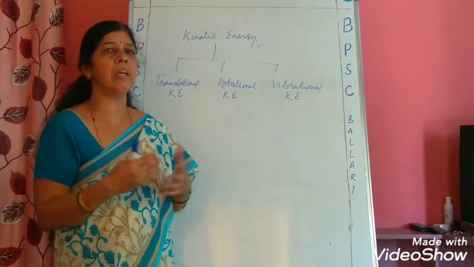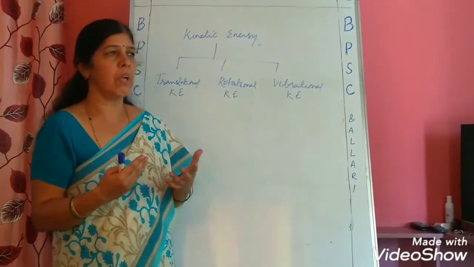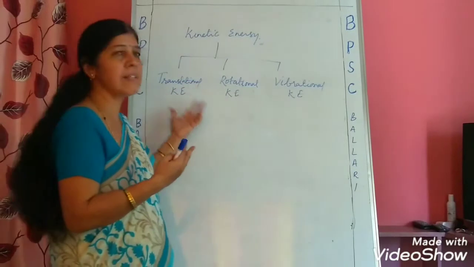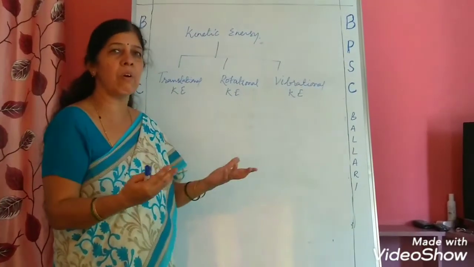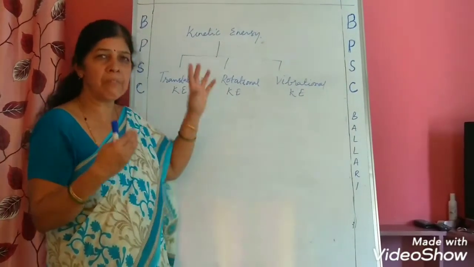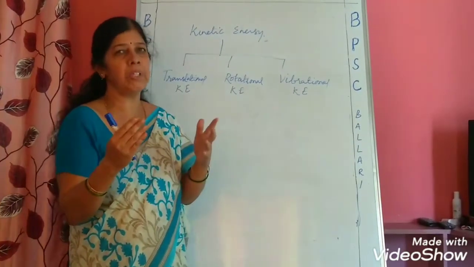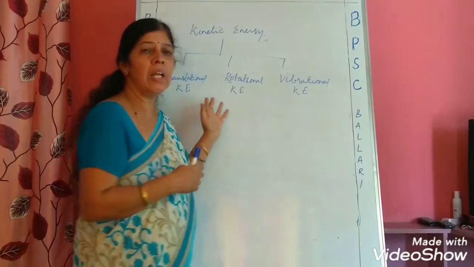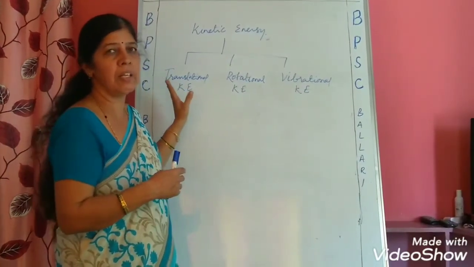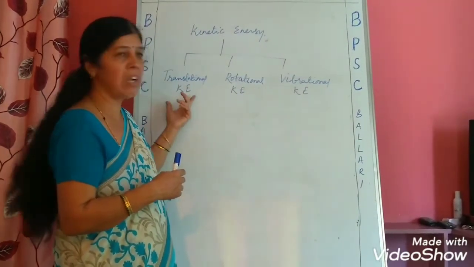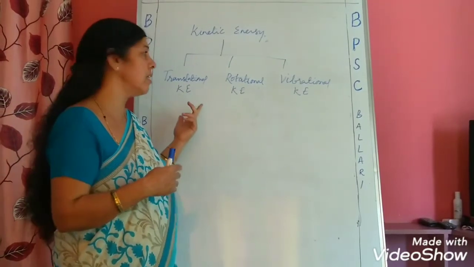You can just imagine a car traveling on a road. The car is moving and it will have kinetic energy. All the particles of the car are moving along with the car, and hence we can say that the moving car has translational kinetic energy.